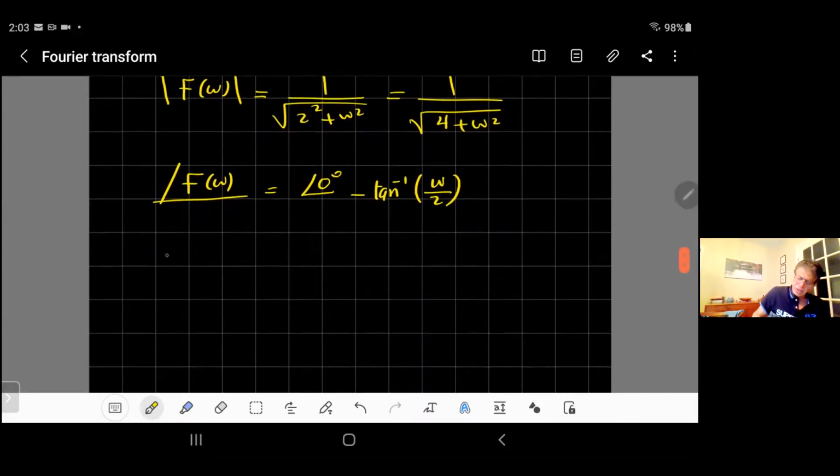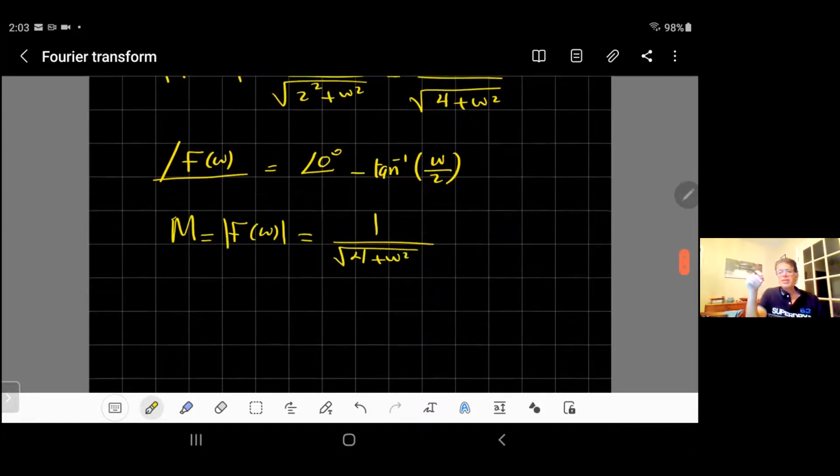We say that the magnitude M is equal to the magnitude of F of omega. We found it is equal to 1 over the square root of 4 plus omega squared. What's happening now is you have a relationship between the frequency and the magnitude of this component.